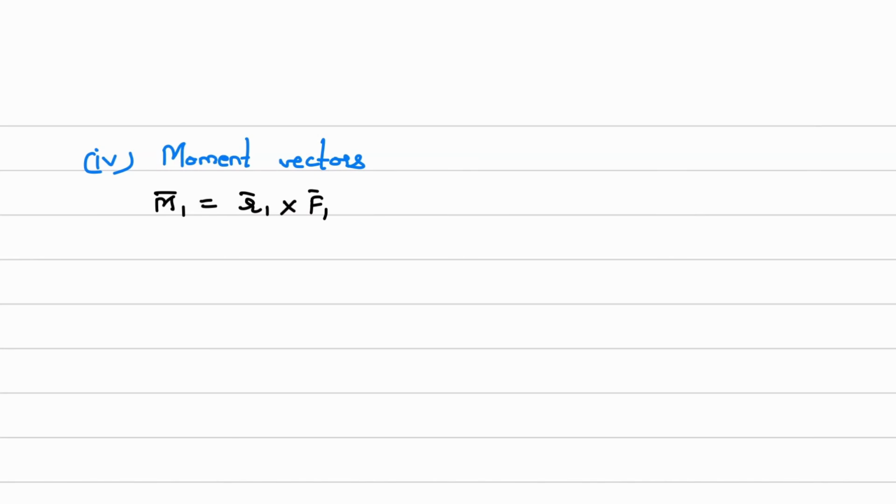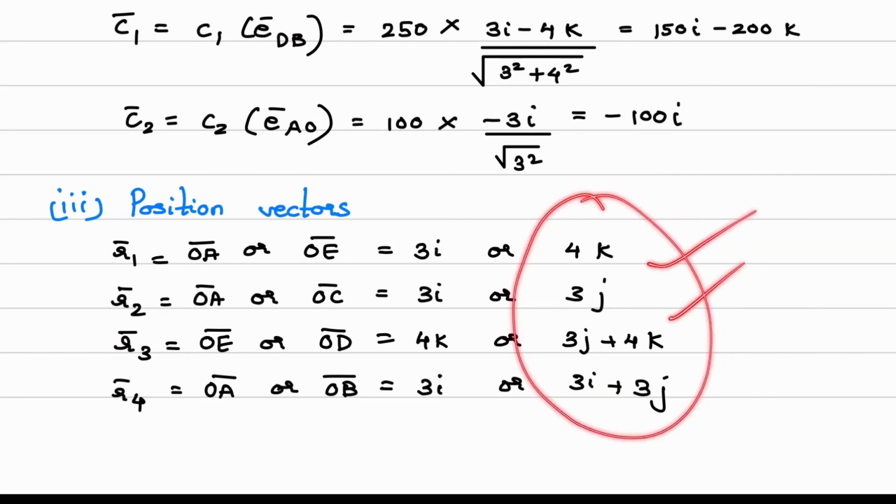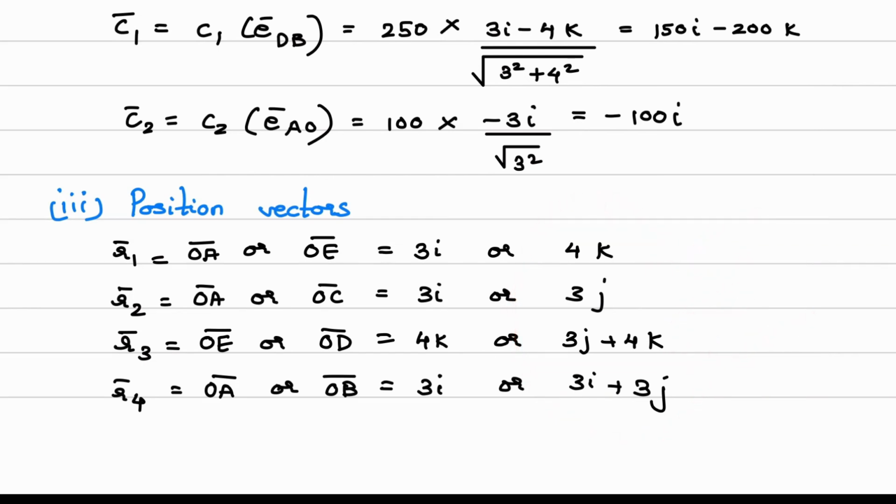You can take either 3I or 4K, and both will give the same answer finally. You can try it afterwards. I'll take only one value and not consider the other. You can practice the same question and check whether you get the same answer by taking that value.